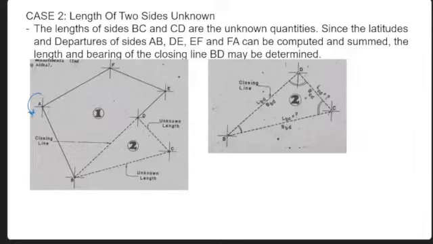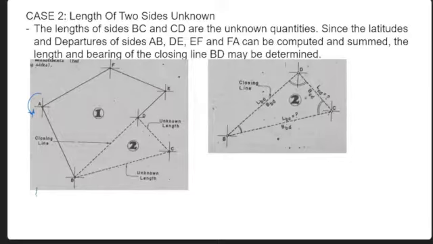So, A, B, C, D, E, F, A. So, all the lines are given with length and direction except for CD and BC. Pero lahat may bearing. Okay.